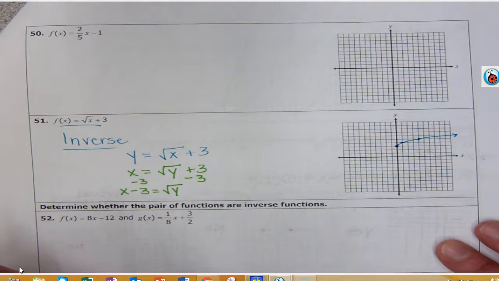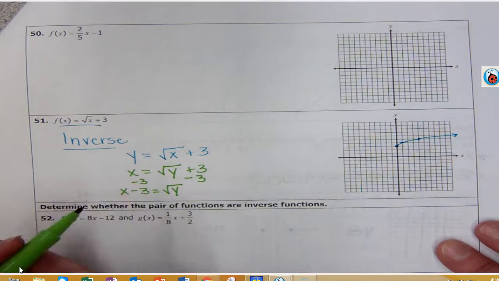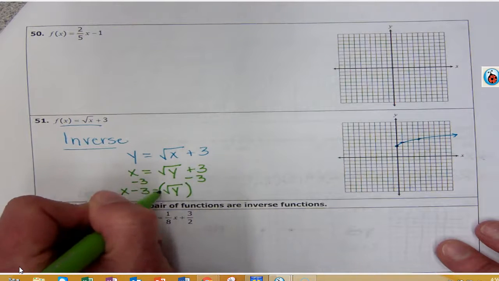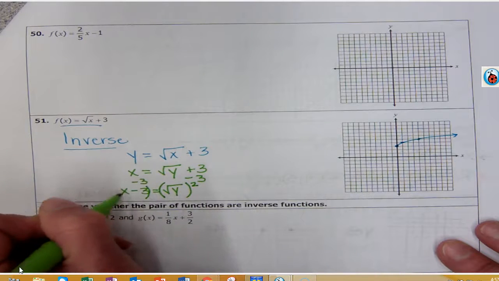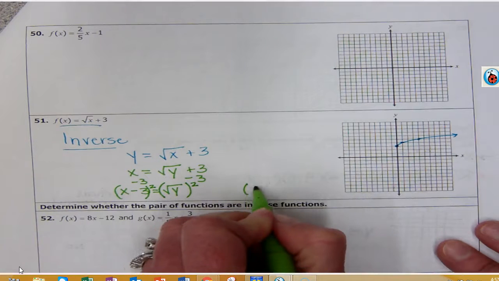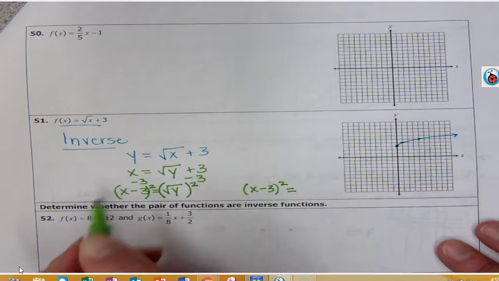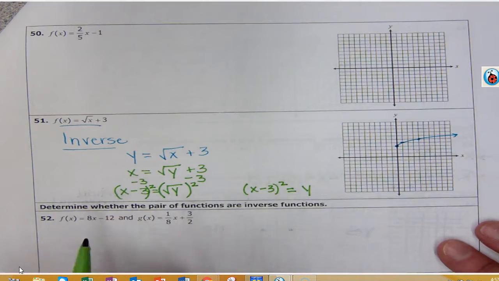Then, since this is taking the square root, you need to square both sides. So you'd raise this to the power of your index, which in this case is 2. So I'm going to get x minus 3 squared, and the square root of y squared is just y.